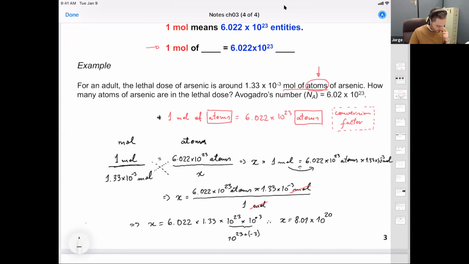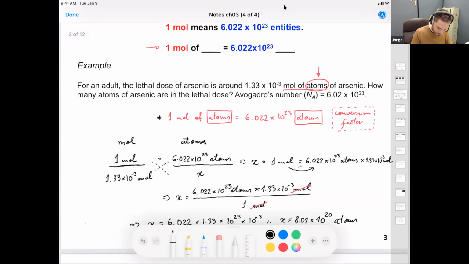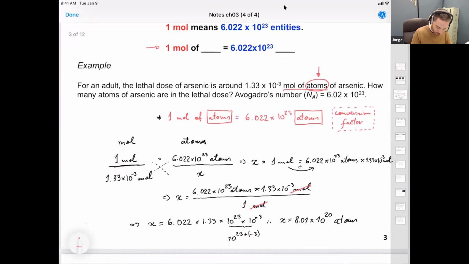Therefore, our answer will be 8.01 times 10 to the 20, and the unit that was left here is atoms. That's our final answer. Let's put it in a box, so everybody knows where the answer is.